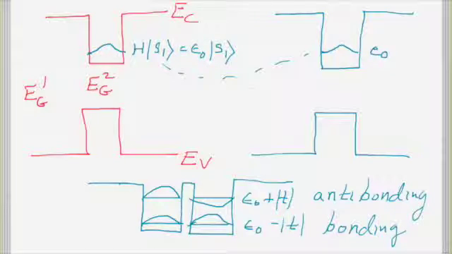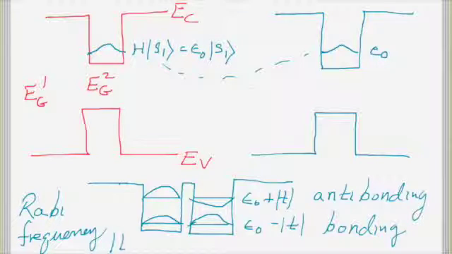Okay, and I guess the other thing is that this splitting that you're seeing is also related to the Rabi frequency. I don't know how many of you have heard of the Rabi frequency. In this case, I've got to get a frequency, I guess, T over h bar.